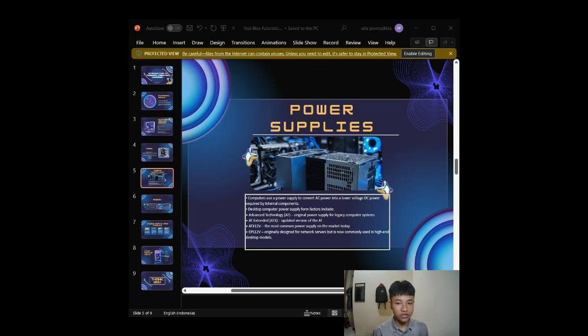Energy efficiency: sustaining the symphony in an era focused on sustainability. Our exploration continues into the realm of energy efficiency.